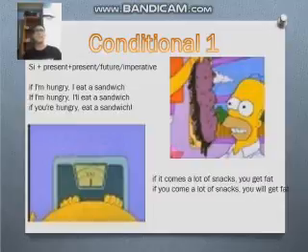A second conditional can tell about the same situation, but we're seeing it as less likely to occur. Therefore, the second part of the sentence is also unlikely, using would. If plus simple past, would plus infinitive.